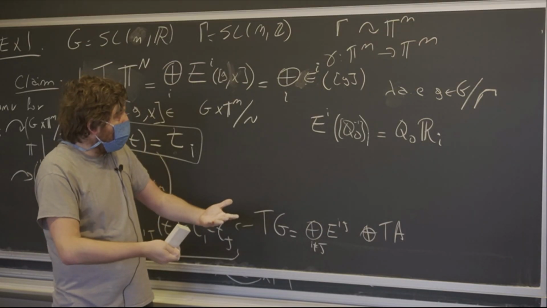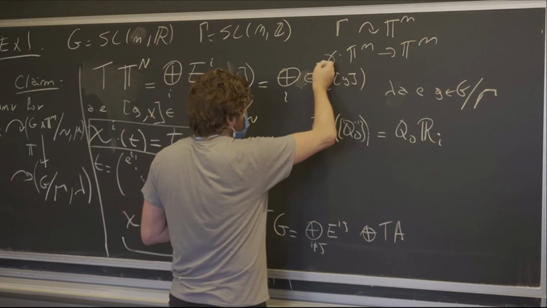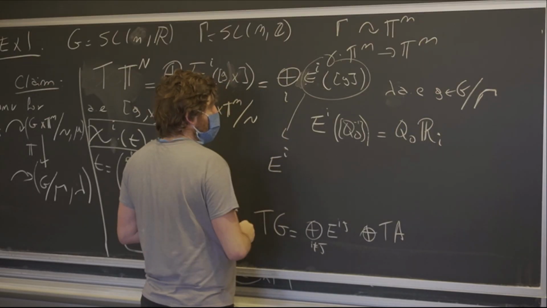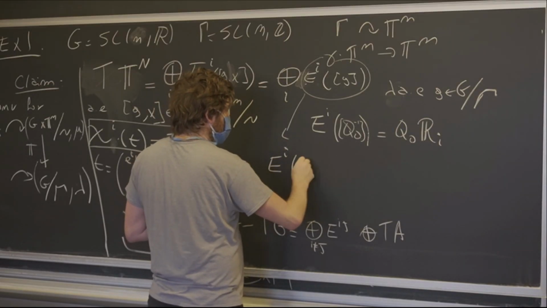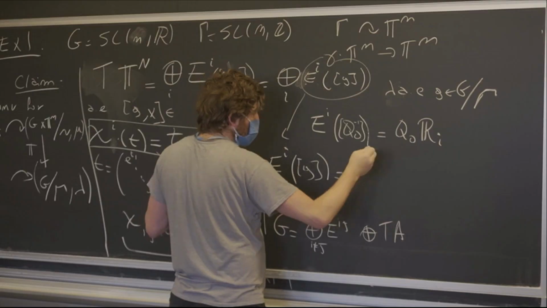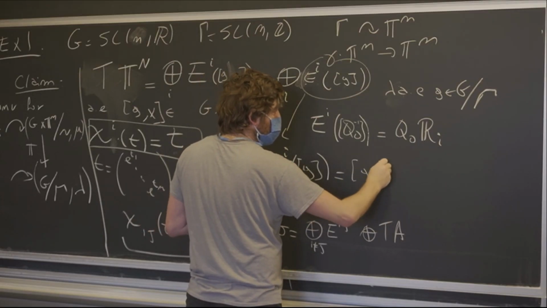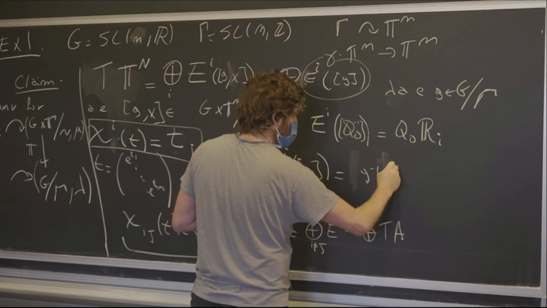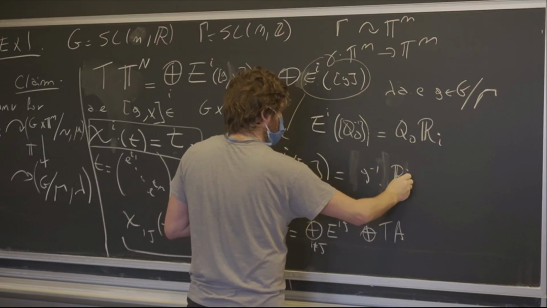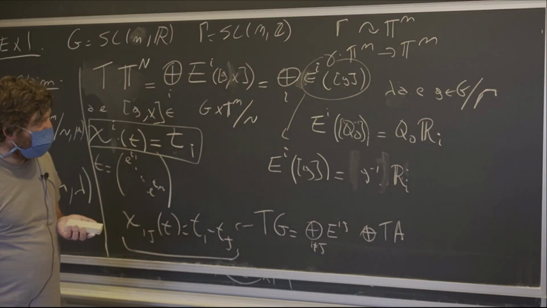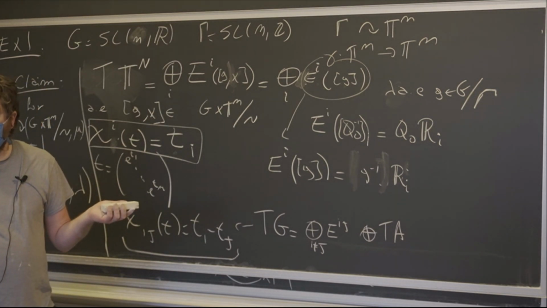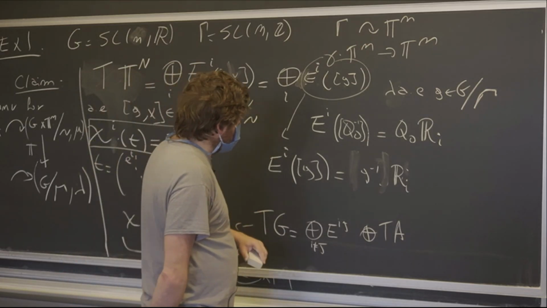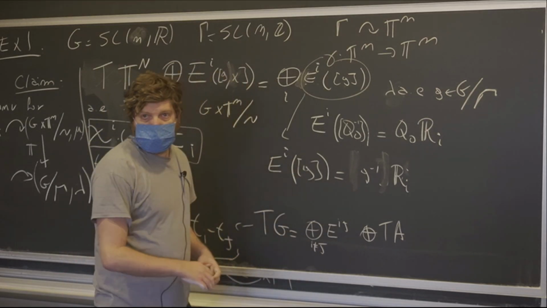And now comes a better thing. I can tell you that this is true always. So E_i of any G, I will define it as being G inverse of R_i, essentially. That's what it is. Okay? But for this, I will need to be a little bit careful, and we are going to be careful in a second.